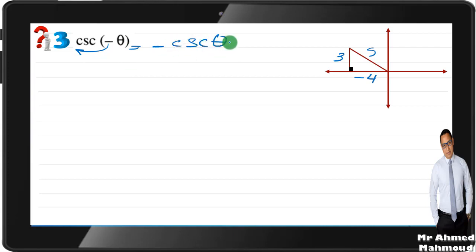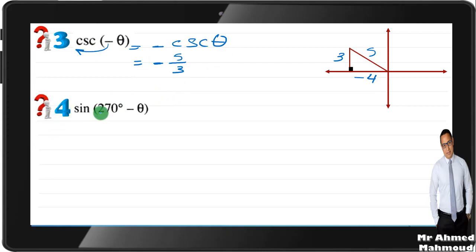Negative cosec theta equals, cosec is 1 over sine. The sine theta equals 3 over 5. So cosec equals 5 over 3. So it will be 5 over 3. Don't forget we have here negative. I will make it here. So cosec negative theta equals negative 5 over 3.